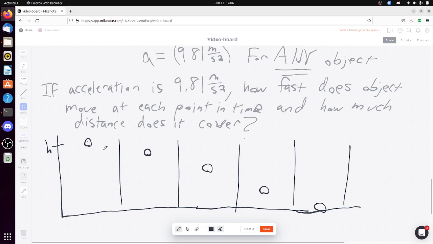And Newton's question is, is it possible at each point in time to tell exactly how high the object is? So, for example, how much distance does it cover? Newton didn't just want to know how long it takes to hit the ground. Of course, he did want to know that. But he wanted to know, where is the ball at every single point in time between when we drop it and when it hits the ground?